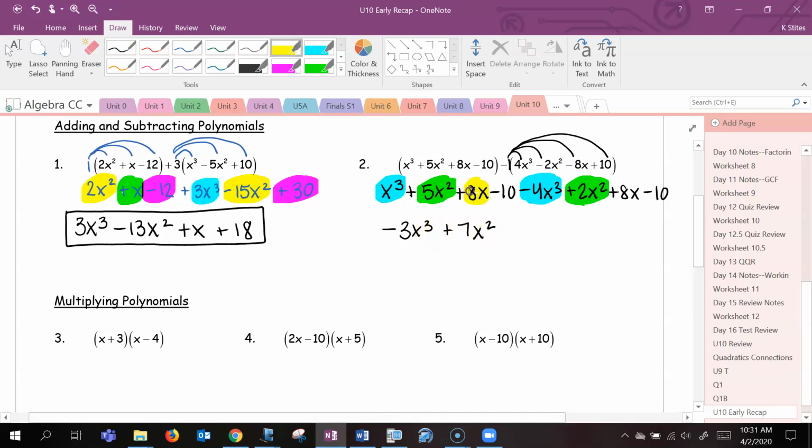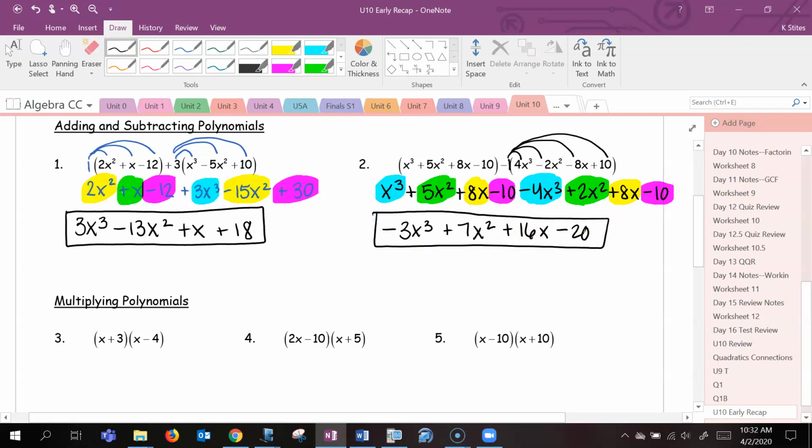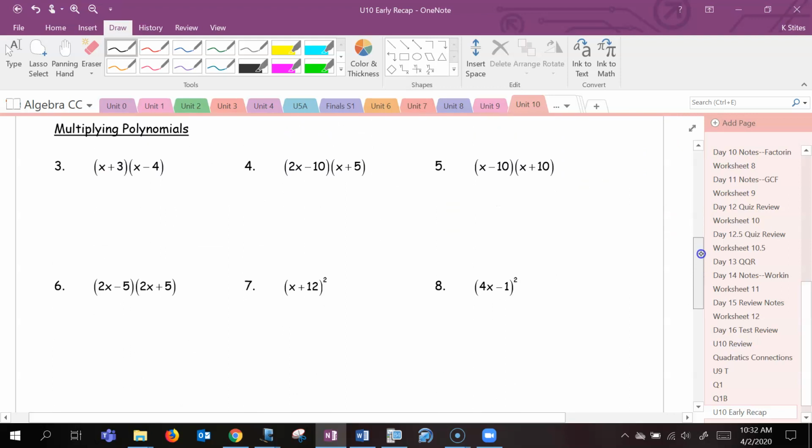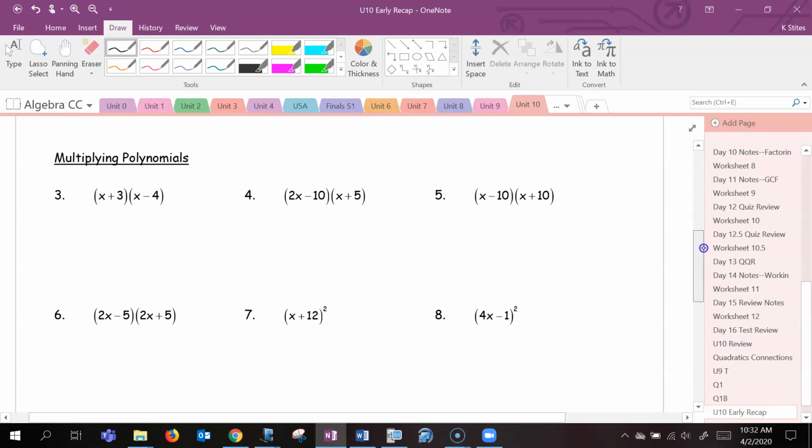Now my x's, 8x plus 8x is 16x. And finally, careful with this one, negative 10 minus 10, those don't cancel because they're both negatives. It's a negative 20. And there you go.